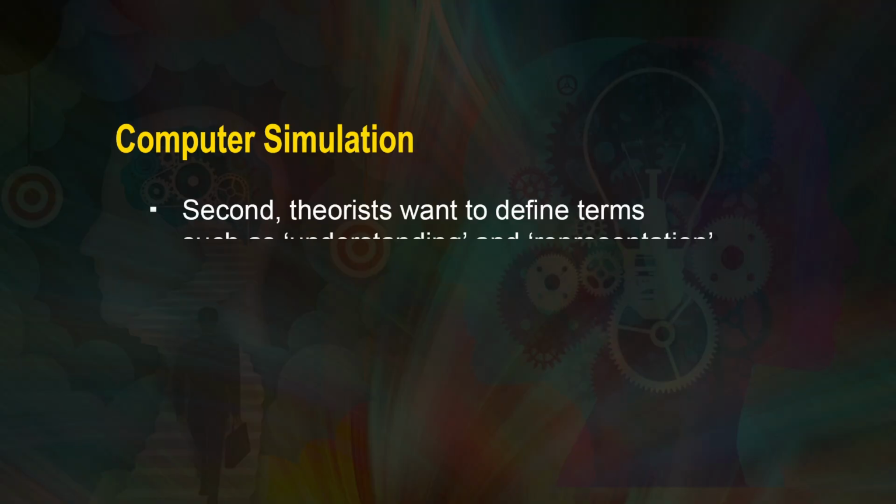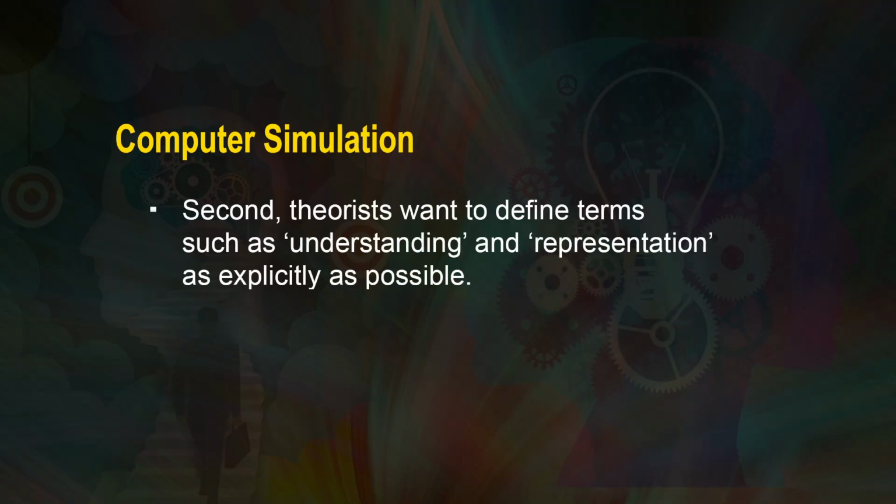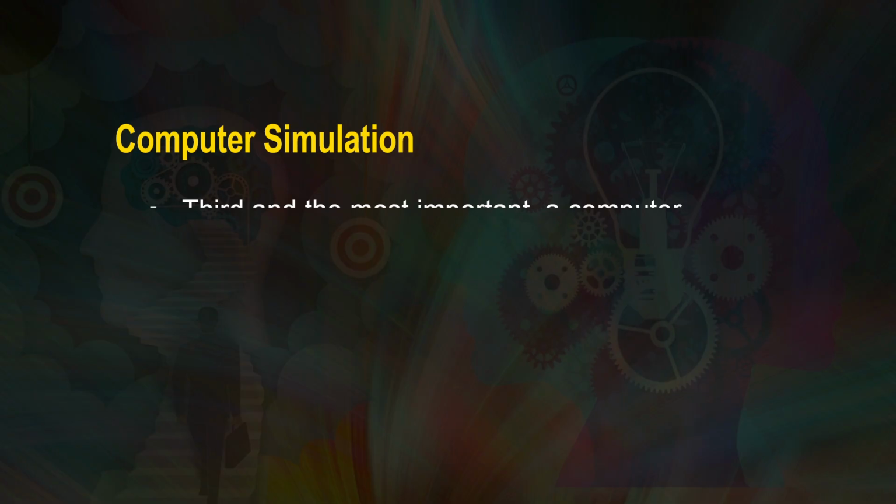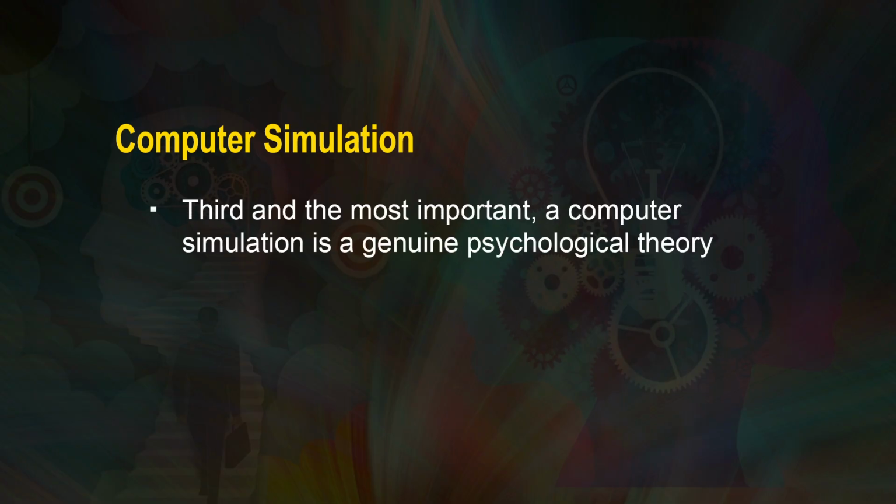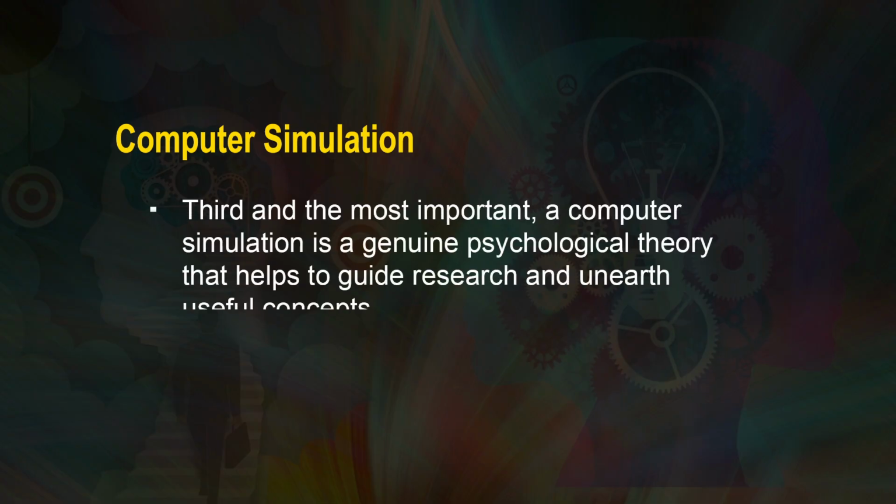Second, theorists want to define terms such as understanding and representation as explicitly as possible. Third, and the most important, a computer simulation is a genuine psychological theory that helps to guide research and unearth useful concepts.